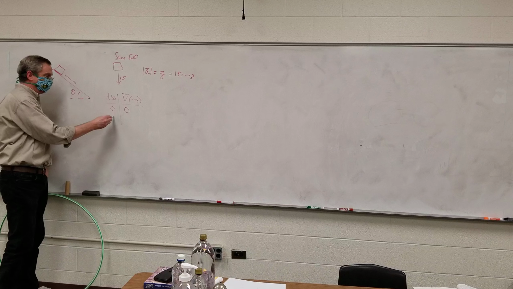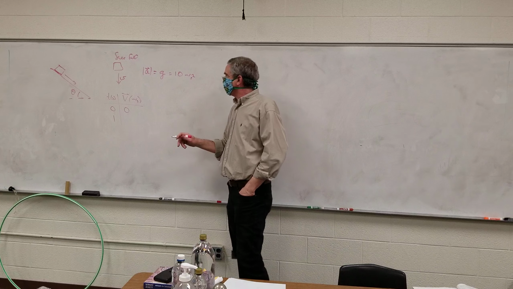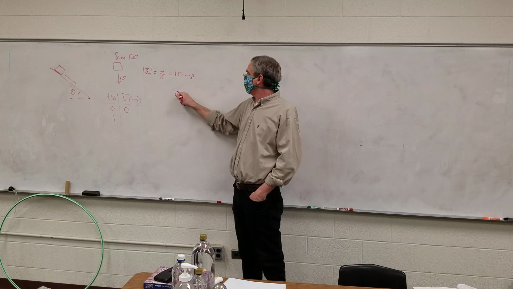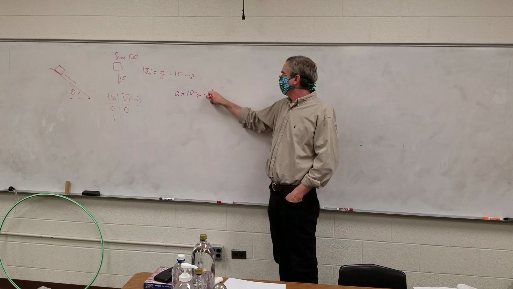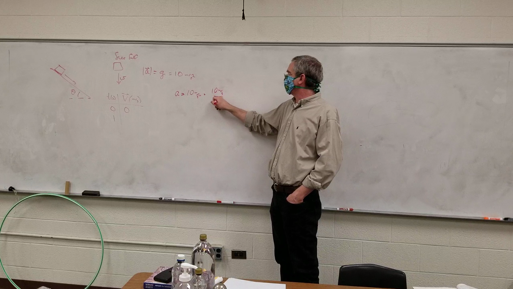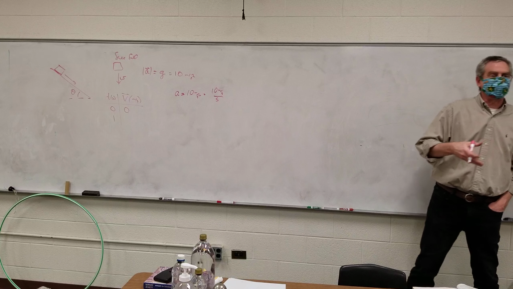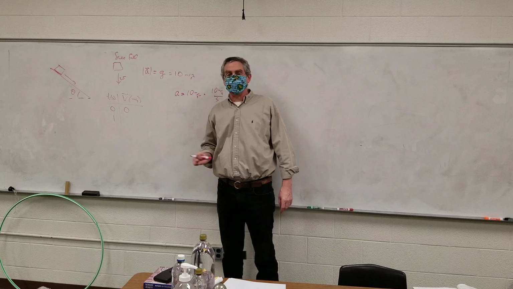After 1 second, what he's getting towards, if acceleration is 10 meters per second squared, that's the same as 10 meters per second per second, which means the velocity is going to change by 10 meters per second every second. Now, since I'm dealing with a vector here, we need direction.